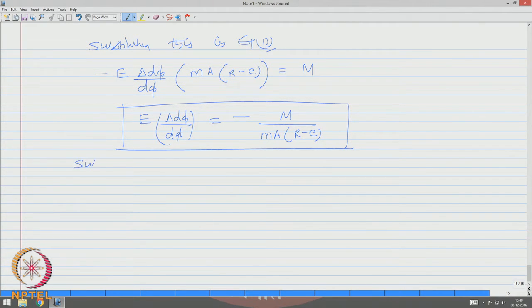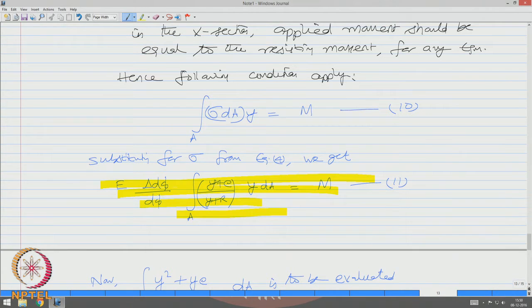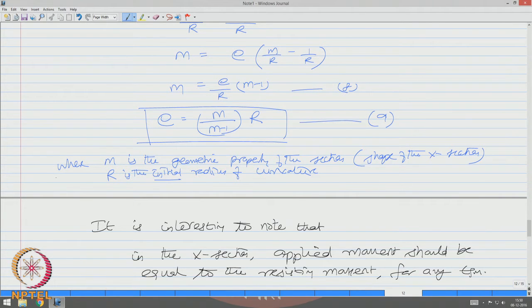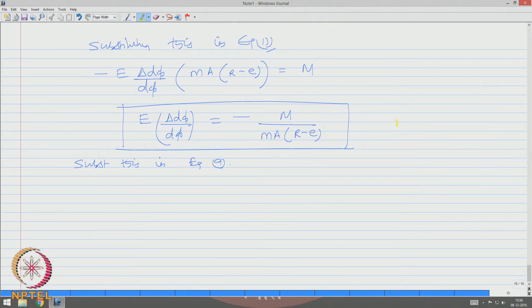Now, substitute this in equation 9. Equation 9 is here. So, we have some value of E expressed in terms of m and r in equation 9. We also have E expressed in terms of m and r here.